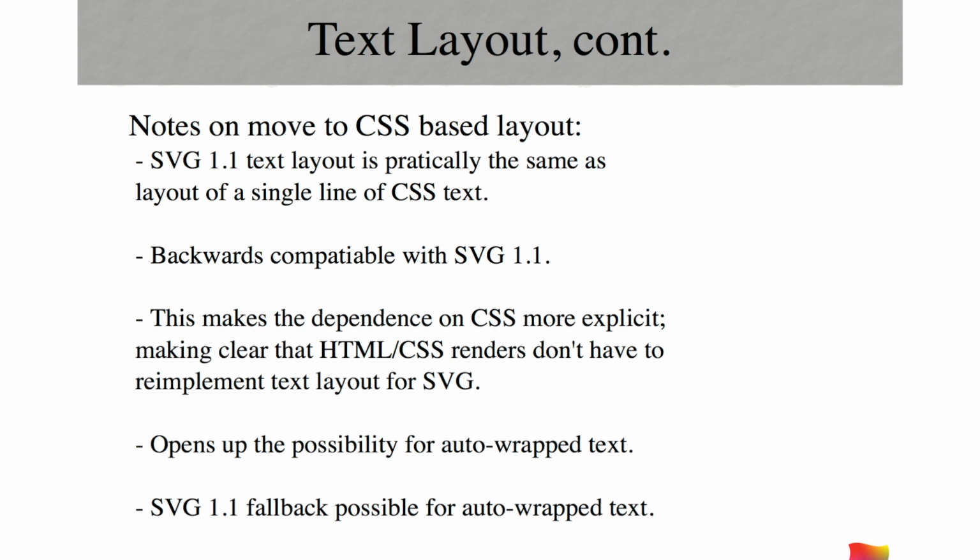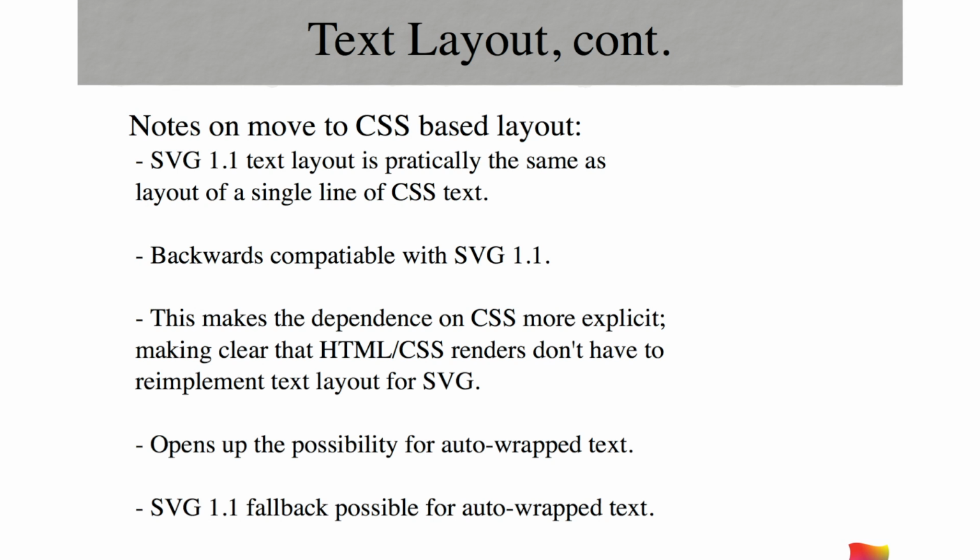It's going to be backward compatible with SVG 1.1, but by explicitly calling out CSS, we make this dependence more explicit, and it makes it clear to the people that are working on the rendering engines that they don't have to have a special implementation just for SVG. They can just use what they are using for HTML and CSS.